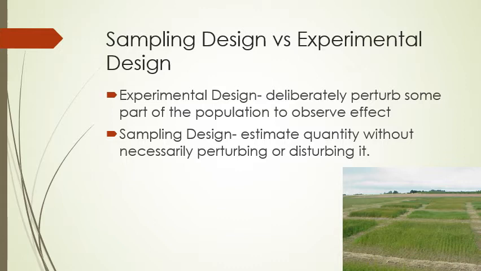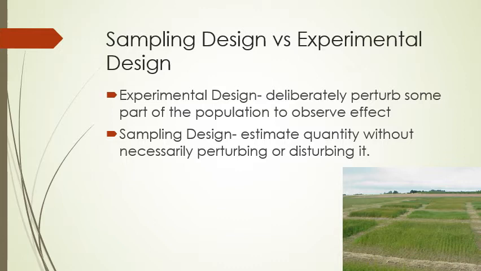You just want to know what is the basal area of Douglas fir that we have on this national forest, or what is the average productivity of grass on this grassland, or number of fish per mile in streams in this particular area. So you're not necessarily testing a hypothesis, you're simply estimating some quantity.